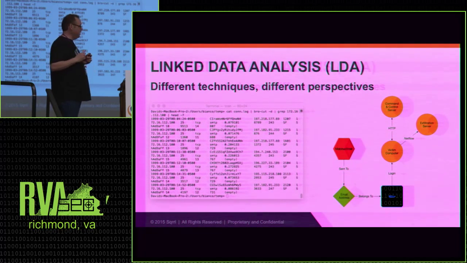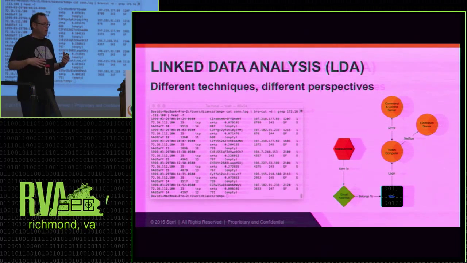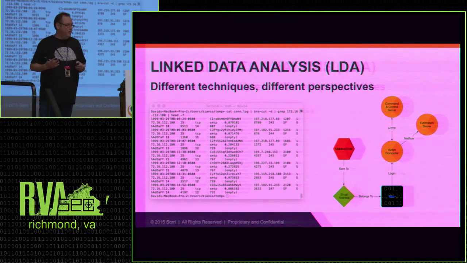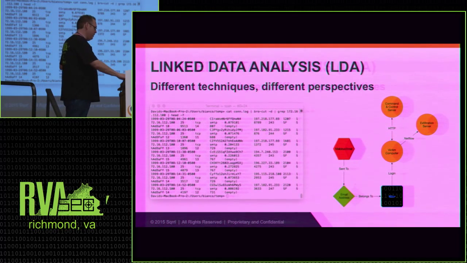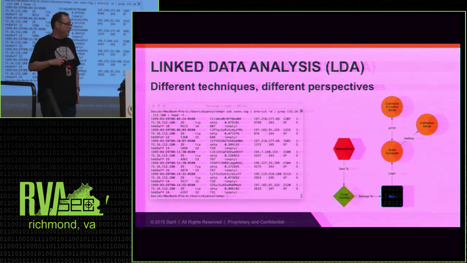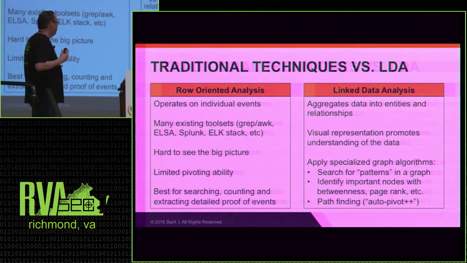Note that row-oriented versus linked data analysis is not a competitive process. I actually say use both, but sometimes you will have situations where linked data is the better choice, and sometimes you'll have situations where row-oriented data is the better choice. Now, which one is which?